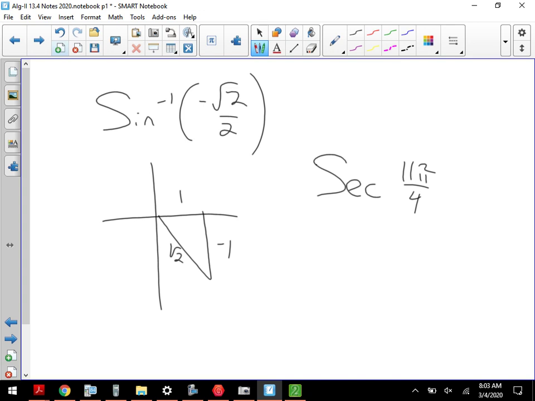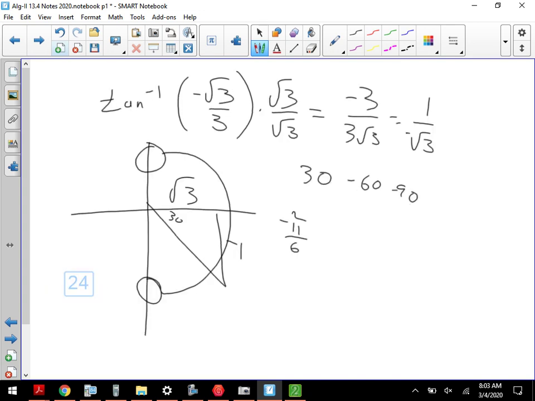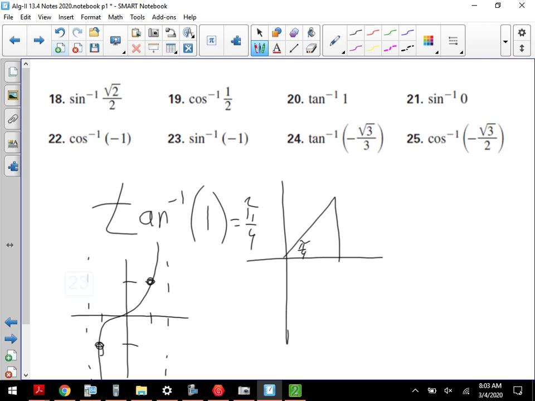Okay. So I'm seeing a lot of scariness here. Let me go back to the board. Cosine of negative 1, like we said, is pi. Sine of negative 1 would have been at negative pi over 2.